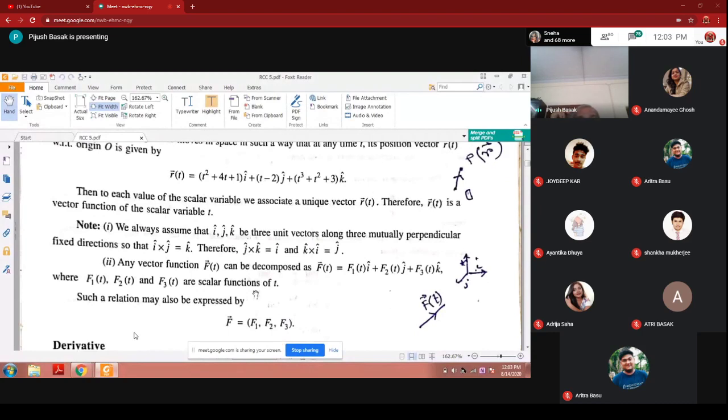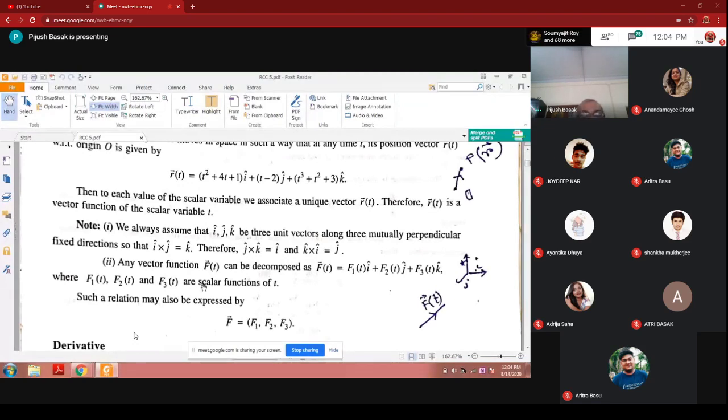Please mention to me that it is followed by you. Otherwise, you have to know the position vector and the unit vectors i, j, k. I think you have this knowledge, and if not, if you have forgotten it, you have to revise this section.